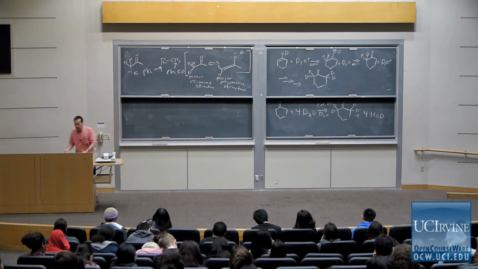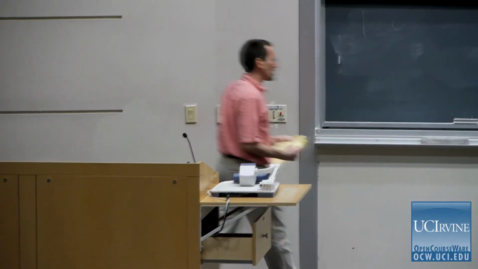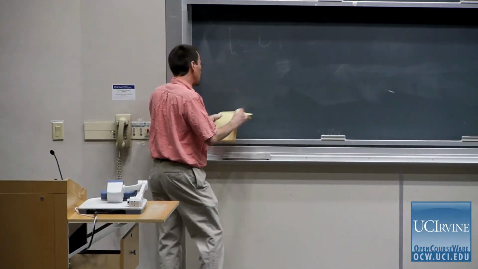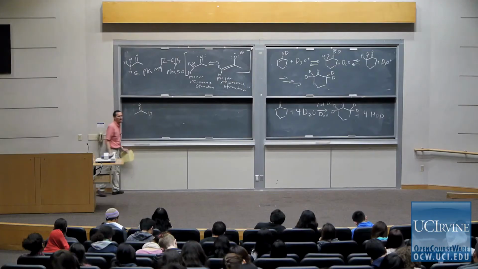Now, more generally, the carbonyl group provides stabilization. Your textbook gives a number of compounds, and I'll give you these compounds, and then I want to give you a generalization that I keep in my own head.